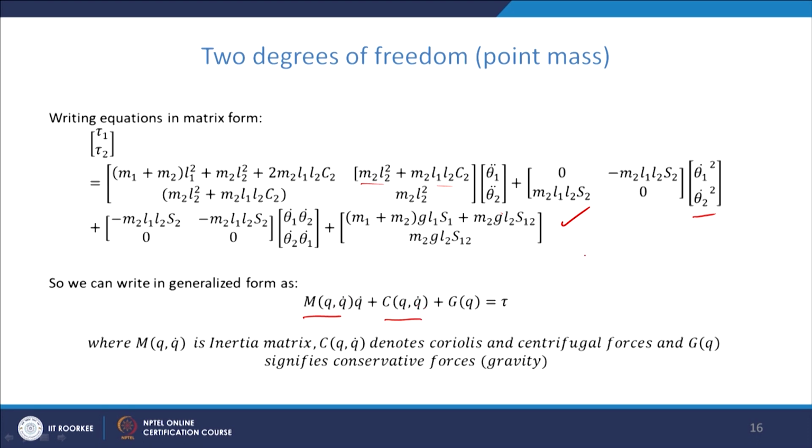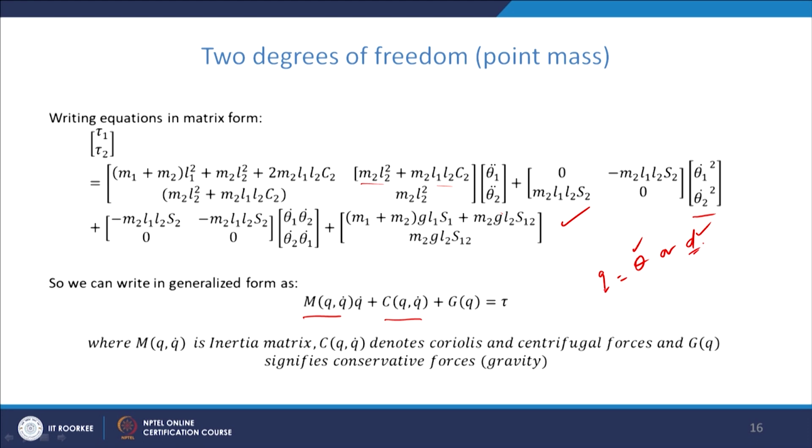Here Q is a general notation, whether it is theta or d, because theta represents the revolute joint angle and d the prismatic joint distance.